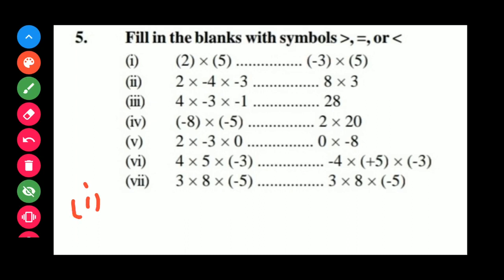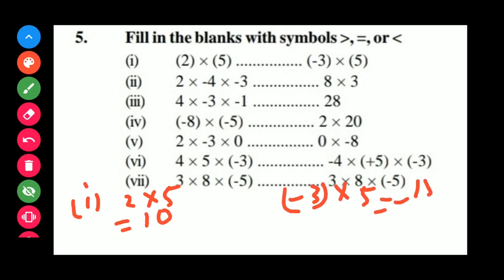First part is 2 into 5, that is 10, and here is minus 3 into 5, that is minus 15. That means minus 15 is the lesser number and this is the greater, so you can put here greater than.